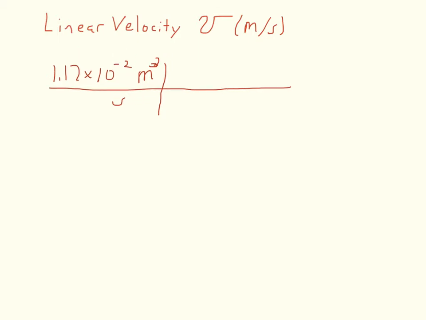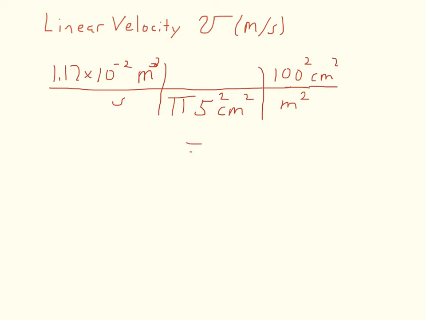So pi times the radius squared, which is 5 centimeters, so it's squared. And then we need to convert the square centimeters to square meters. And so we've got 100 centimeters squared per meter squared.